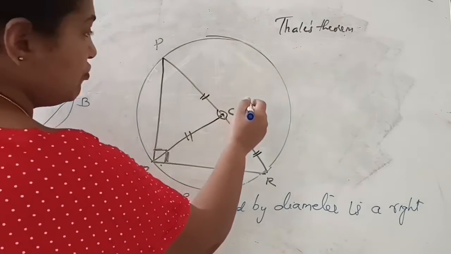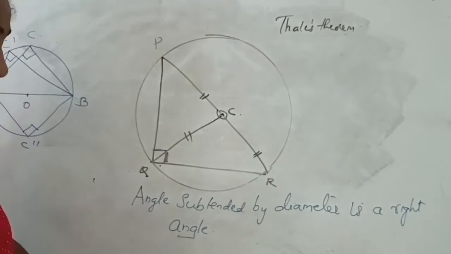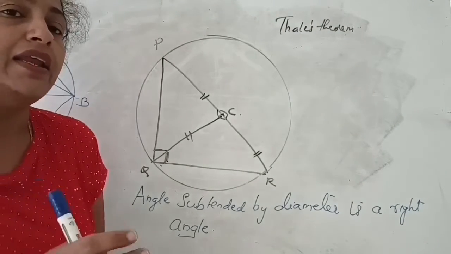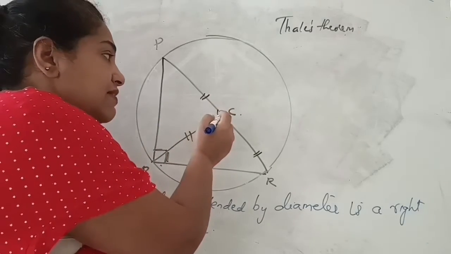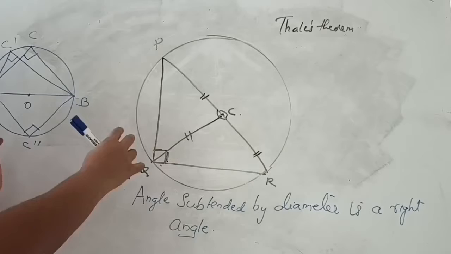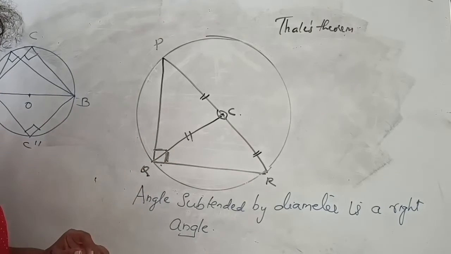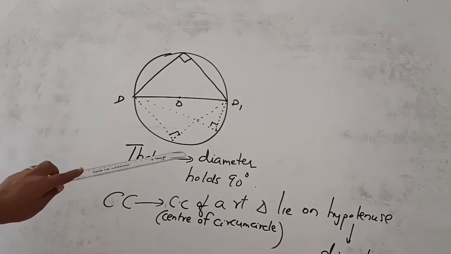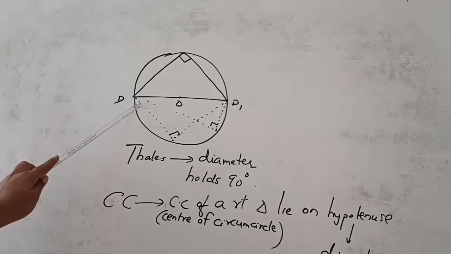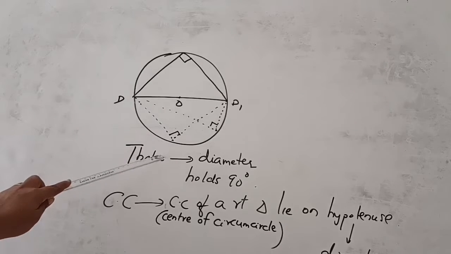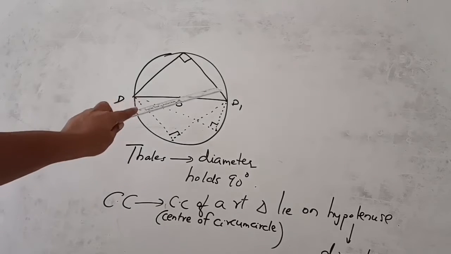So when we mentioned the circumcenter of a right triangle and how it lies at the center of the hypotenuse, we are in fact stating the reverse of Thales theorem. In short, Thales theorem tells me that the diameter holds an angle of 90 degrees at any point on the circumference of the circle.